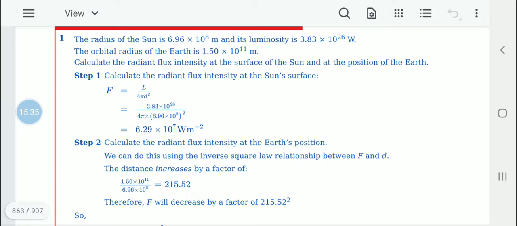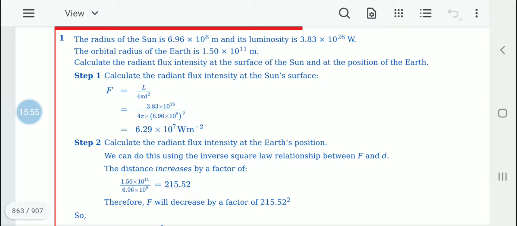The distance would increase by a factor of 1.50 × 10^11, that is the orbital radius, divided by the radius of the Sun, 6.96 × 10^8. That will give you 215.52.